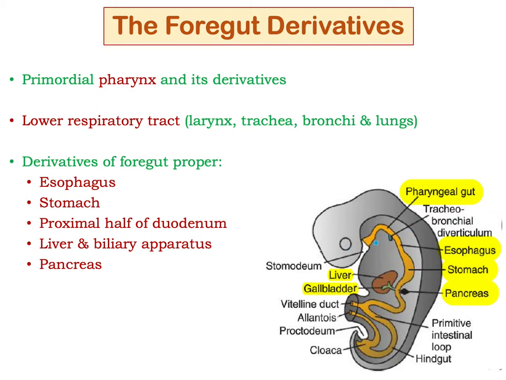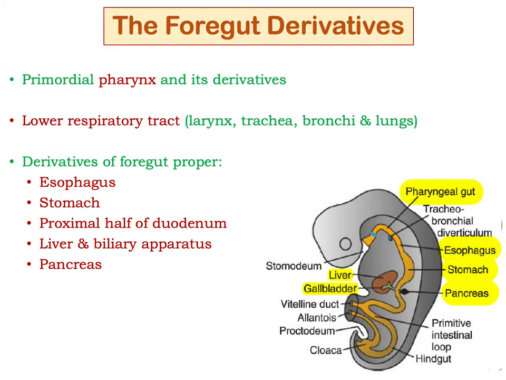As I mentioned earlier, you have the primordial pharynx, and the respiratory diverticulum rises here and divides the foregut into, again, the primitive pharynx above and the foregut proper.